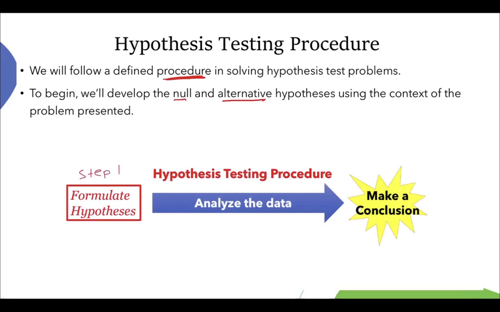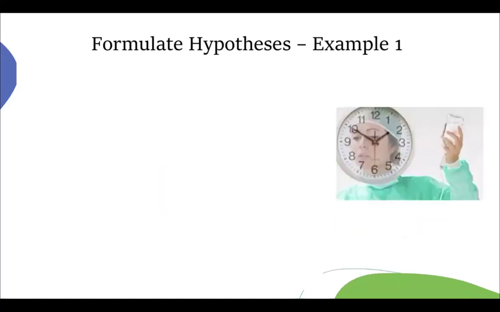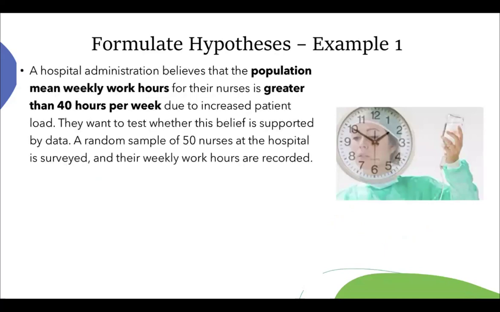We're going to practice some of that in this lecture. Then we're going to do some additional statistical analysis, often involving finding the p-value. And the last step is making the conclusion. So let's do a few examples for formulating hypotheses. This is just step one. In the next lecture, we'll go through the whole procedure from beginning to end.